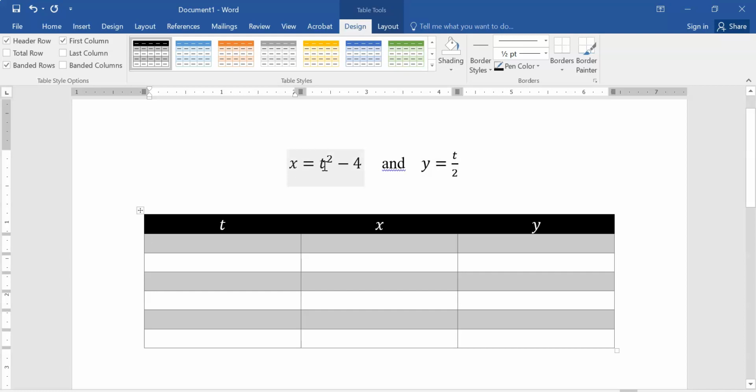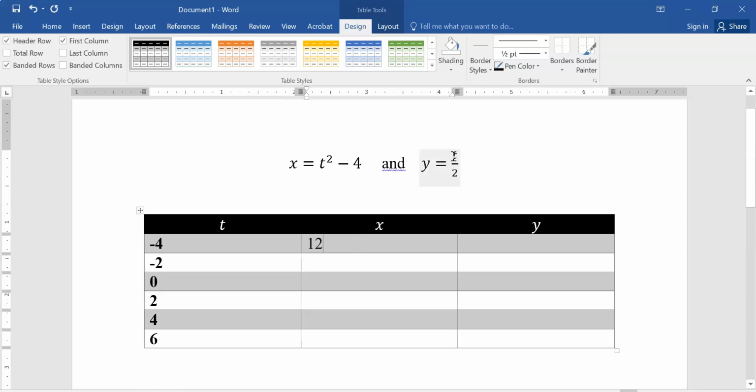So let's pick some negative numbers. Let's take t as, let's say, -4. I'll do t as -2, t as, oh, I don't know, 0, and then maybe 2, 4, 6. Maybe those are my values for t. And then just plug those into the equations. When you plug in a -4 for t, -4 squared minus 4 gives you an x of 12.